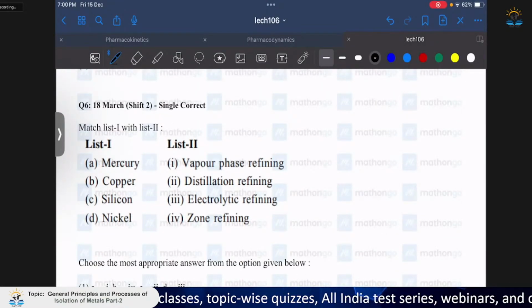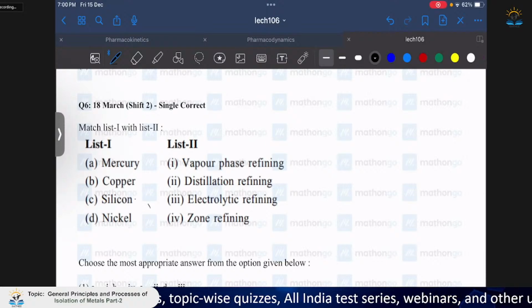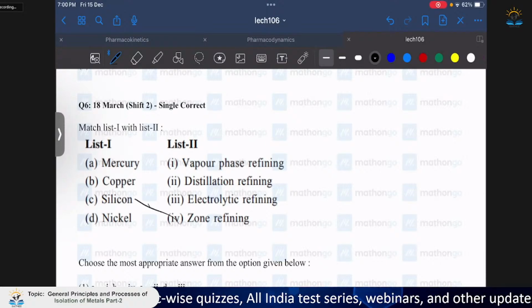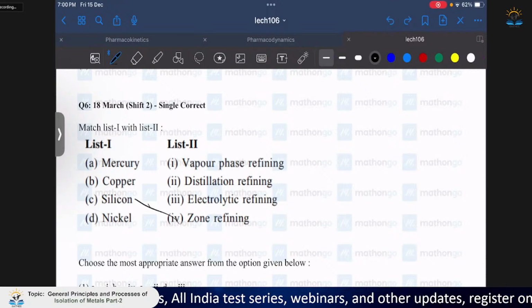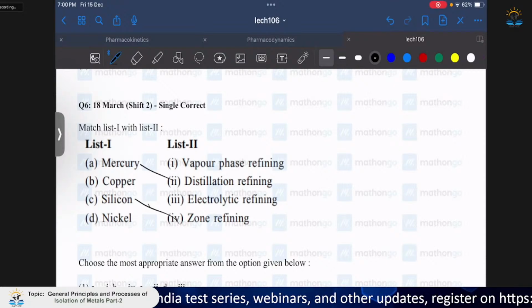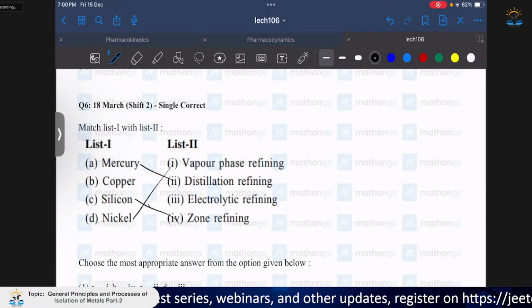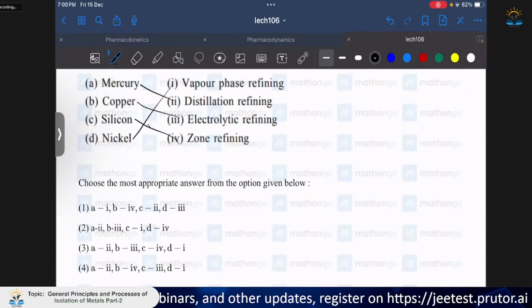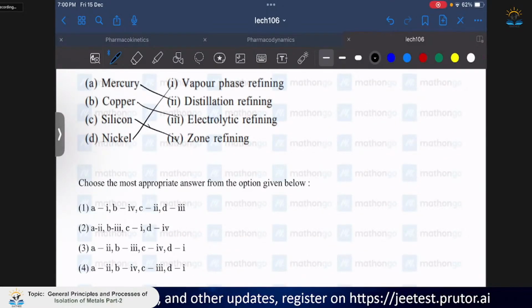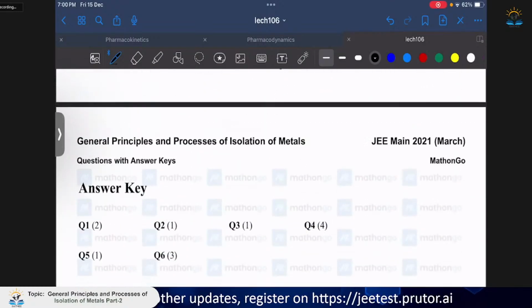Mercury, copper, silicon, nickel: silicon is for zone refining, distillation is for mercury, vapor phase refining is for nickel, electrolytic refining is for copper. So yeah, third is the correct option.